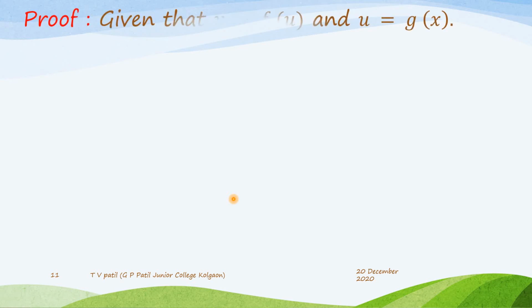Now the proof of this theorem. Given that y is a function of u and u is a function of x, these differentiable functions are given to us. y in terms of u is given, u in terms of x is given. First we choose an increment in x.